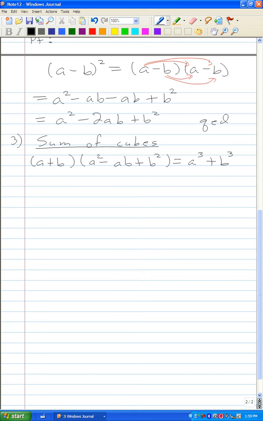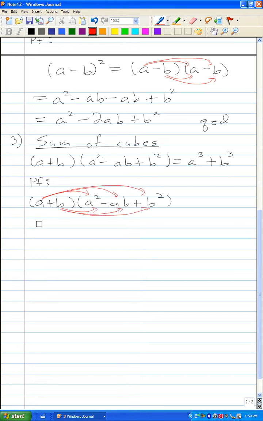And so let's show that. So a plus b, a squared minus ab plus b squared. And so by the distributive property, let's multiply everything by a, by b.